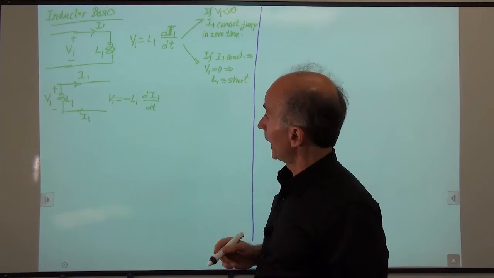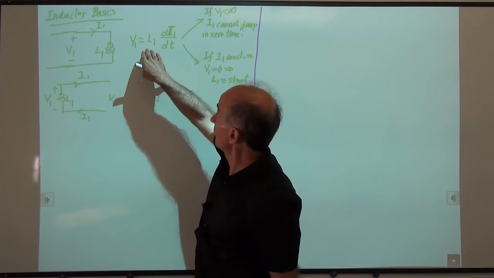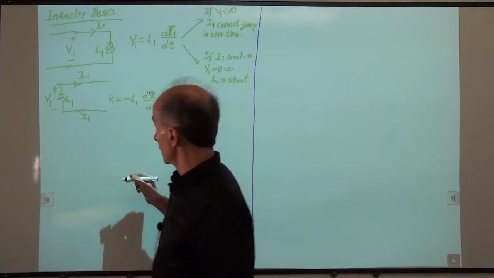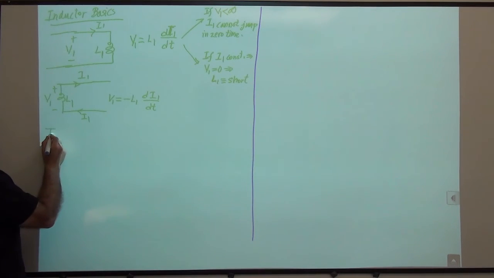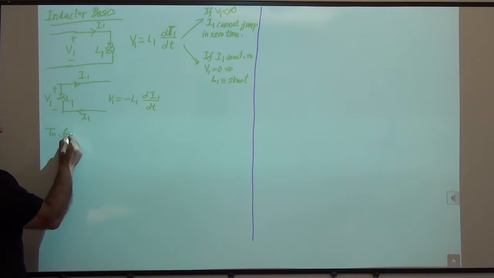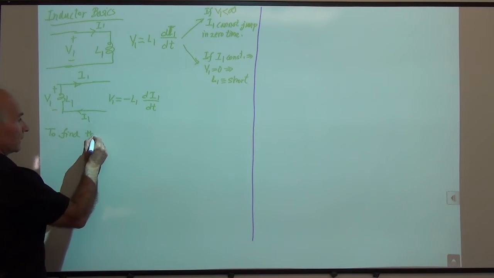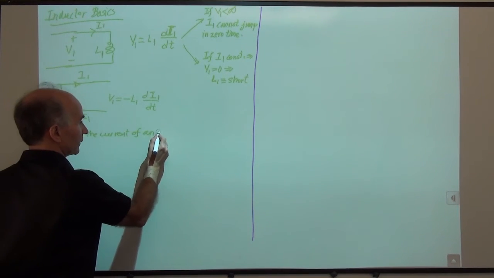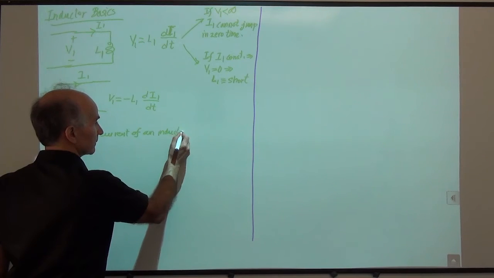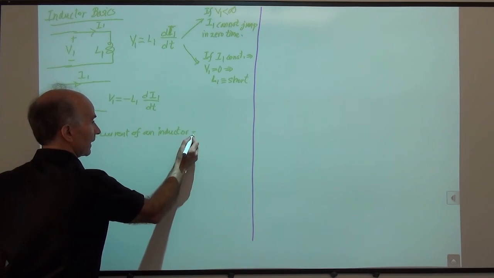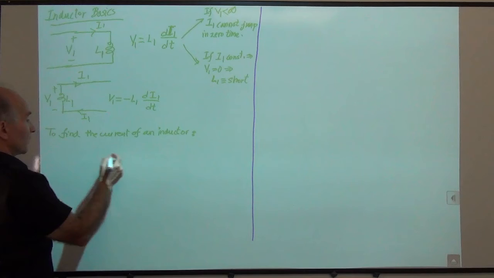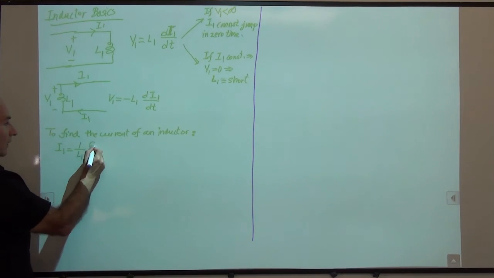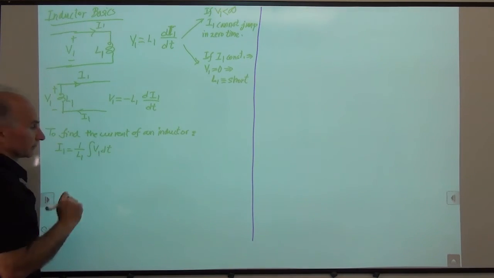All right. And one last point is that if we have the voltage of an inductor, we can find its current, right? So to find the current of an inductor, we say I1 is equal to 1 over L1 integral of V1 dt.